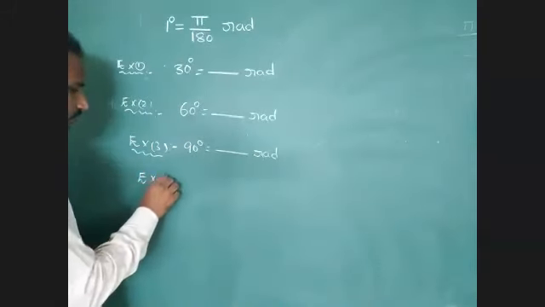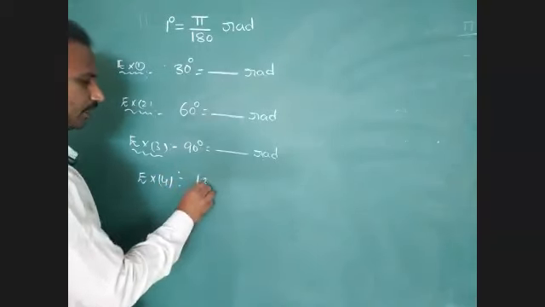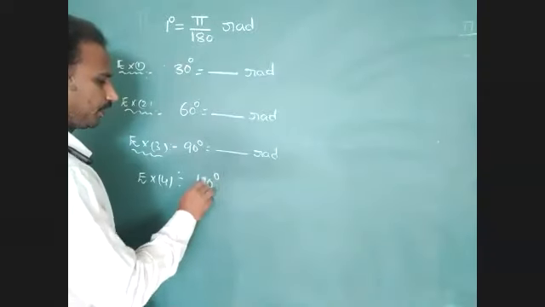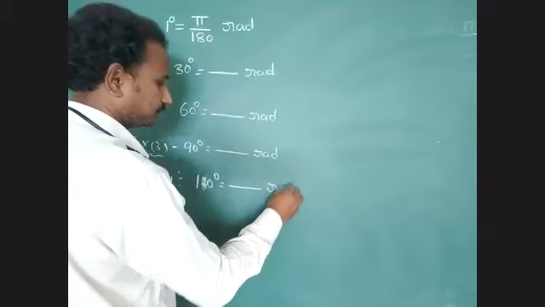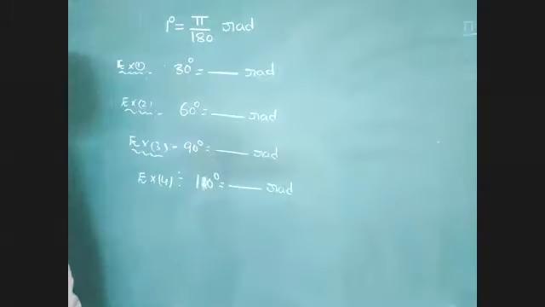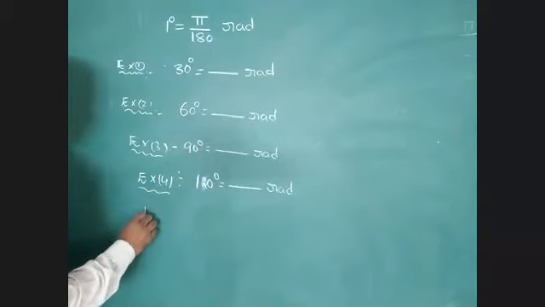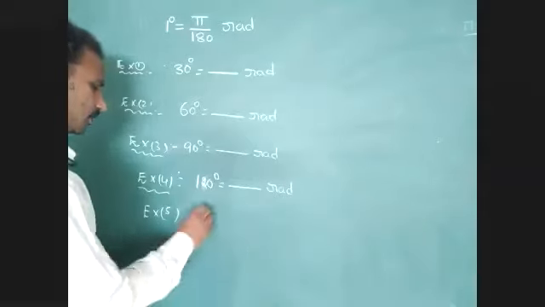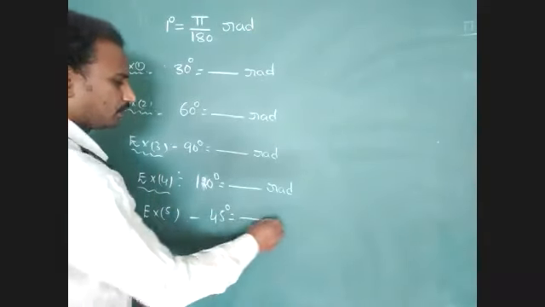Example 4: 120 degrees equal to dash radian. Example 5: 45 degrees equal to dash radian.